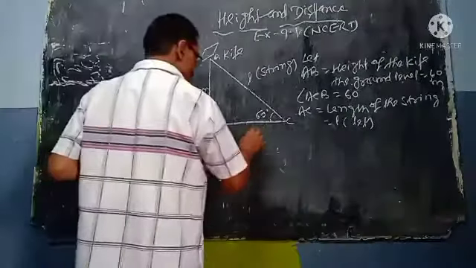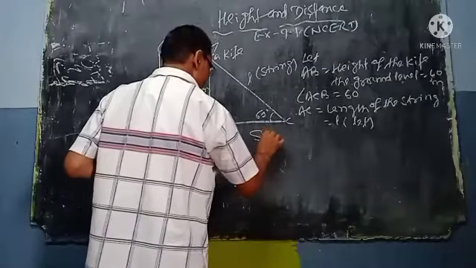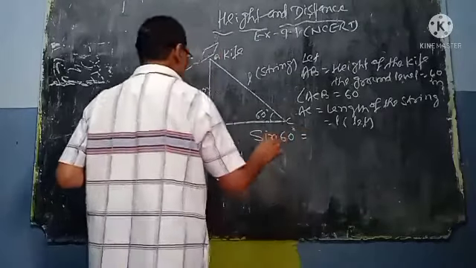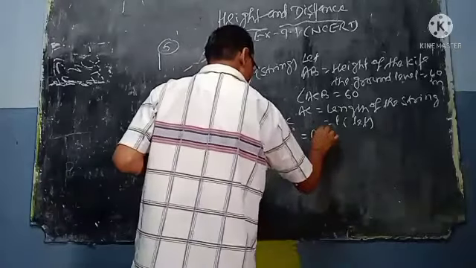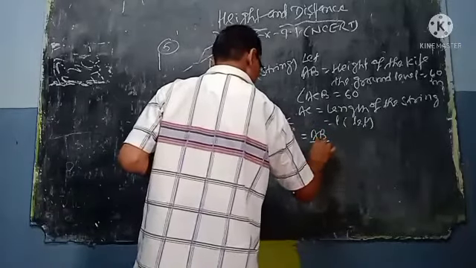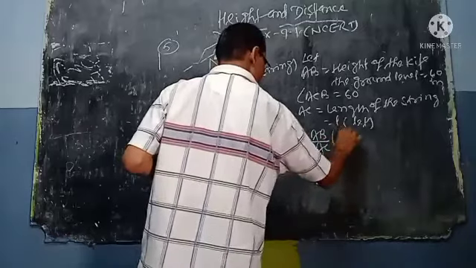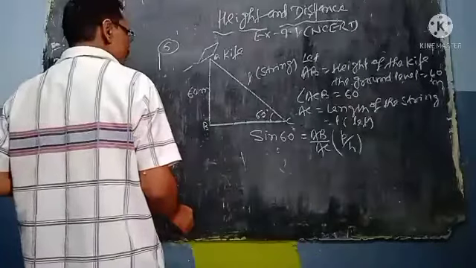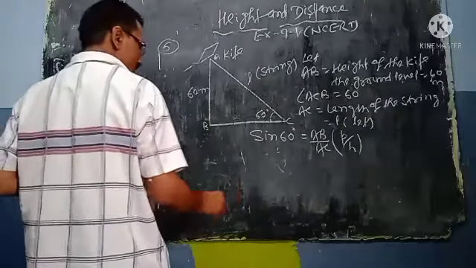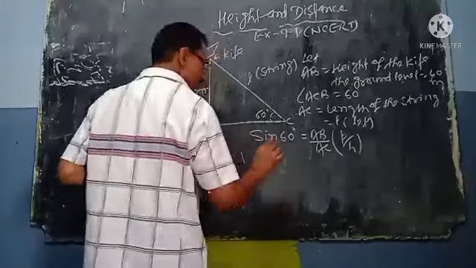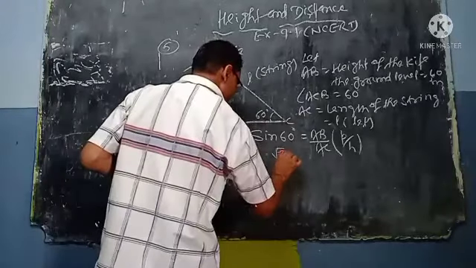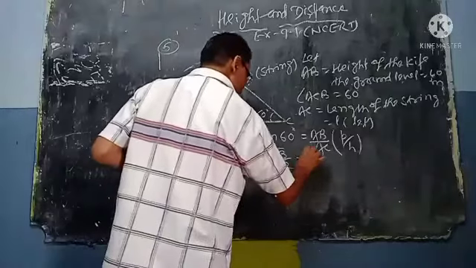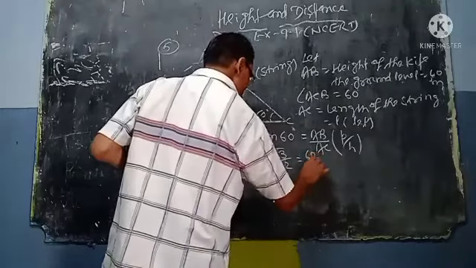So we are using sine 60 degrees equal to AB by AC, P by H. Sin 60 degrees, its geometrical value is root 3 by 2, equal to AB, which is given as 60, by AC, which is L.